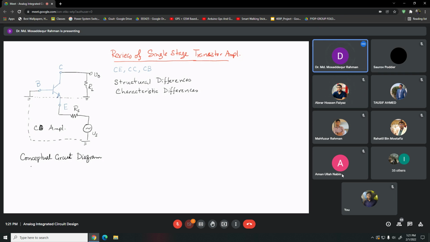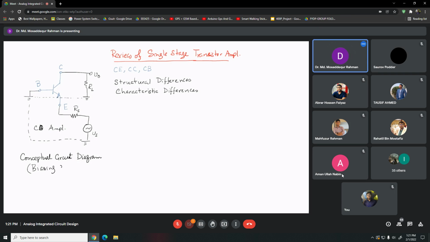Anything else they are missing? Sir, external voltage VCC. Right. Actually, the biasing circuit.